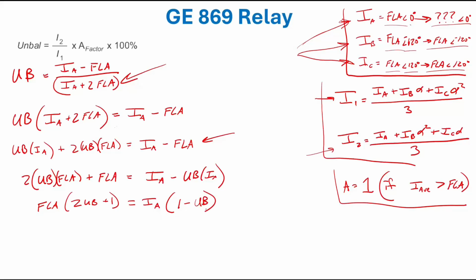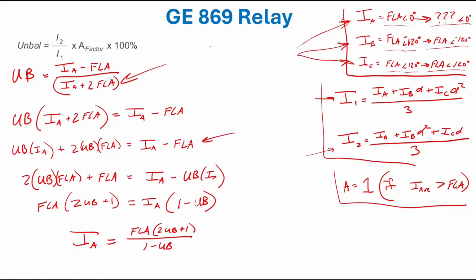Then we divide both sides by 1 minus UB. So that'll just have IA by itself on the right-hand side. So I'm just going to change this to IA equals the left-hand side, FLA times 2 UB plus 1, divided by 1 minus UB. Oh, sorry, that's plus 1 on the top. There we go. So this is the equation that you would need to solve for anything.